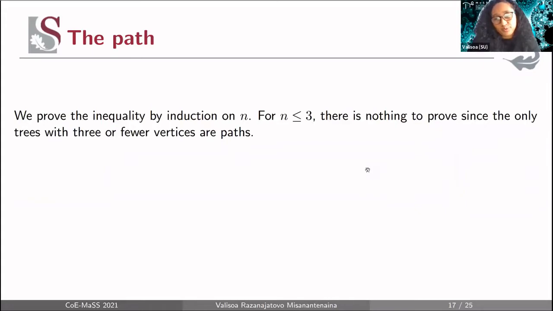We prove this theorem, this inequality, by induction on the order n of the trees. For n less than or equal to 3, there is nothing to prove, since the only trees we have are paths: one vertex, two vertices, or three vertices are just paths.